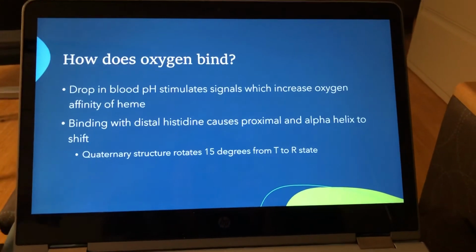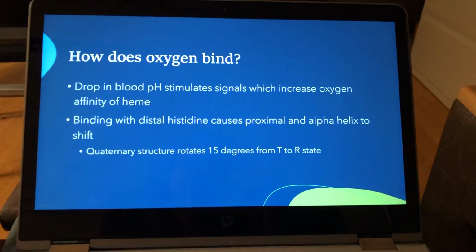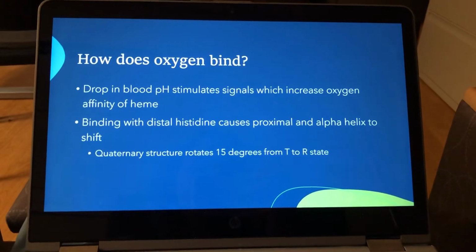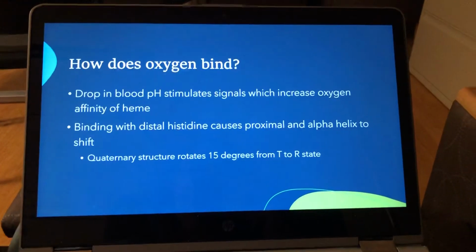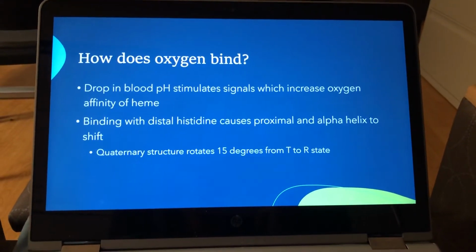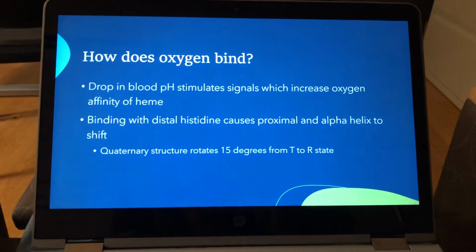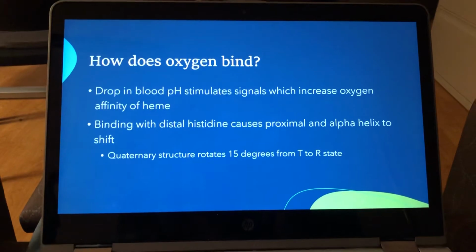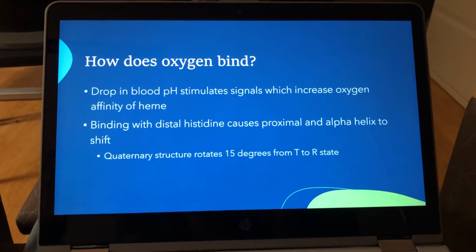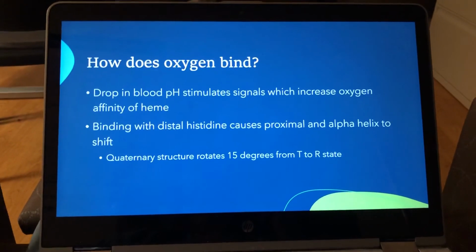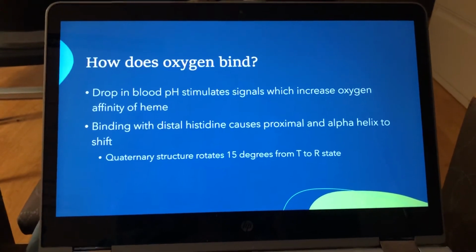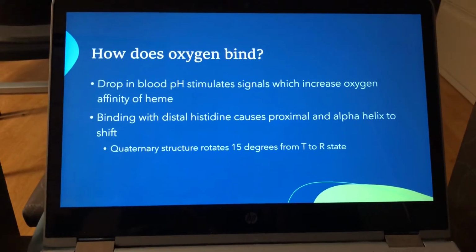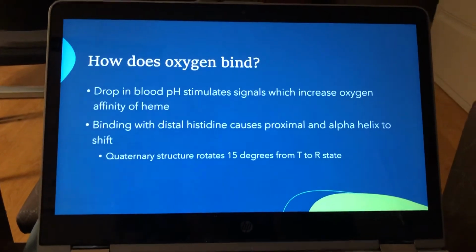This causes a major shift to occur and eventually dictates the quaternary structure rotating approximately 15 degrees and transitioning from a tense state to a relaxed state. And this is what causes that oxygen to be bound so tightly and in place, because once that rotation occurs, it's completely snug as a bug, for lack of a better word.